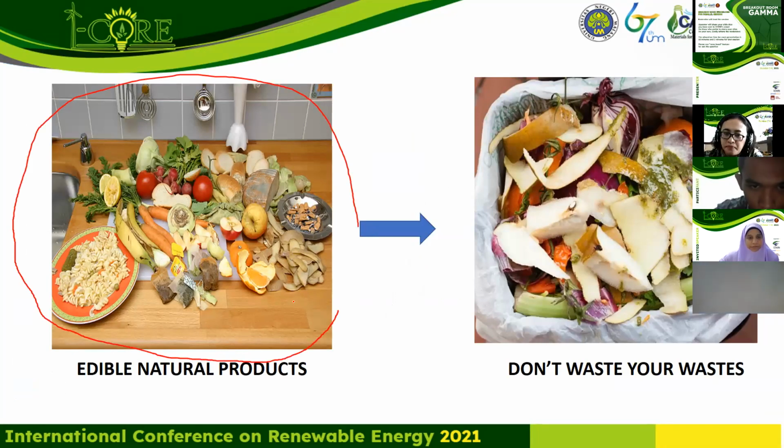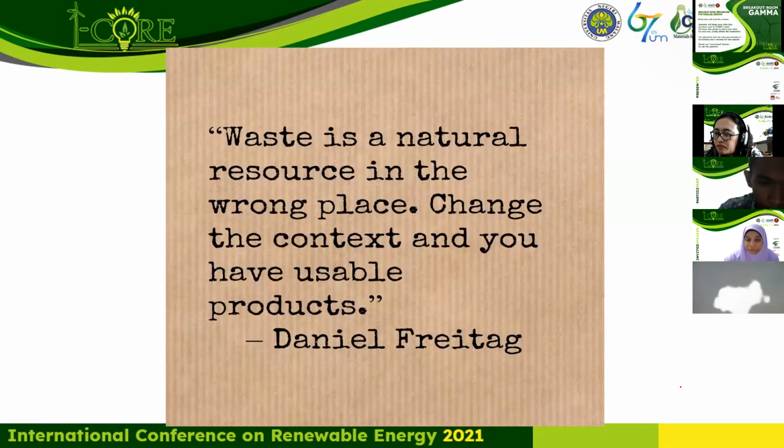Some of them at the end become waste, like orange peel, potato peel, tea waste. We always throw them in the garbage at the end. But for me, don't waste your waste. Why? Because waste is a natural resource in the wrong place.